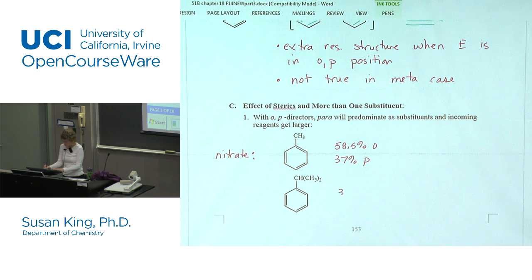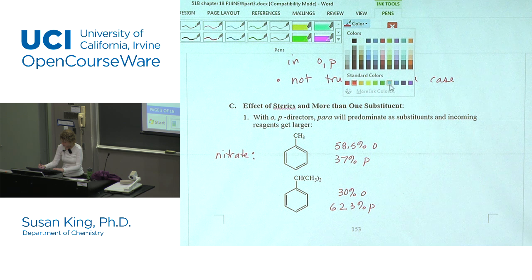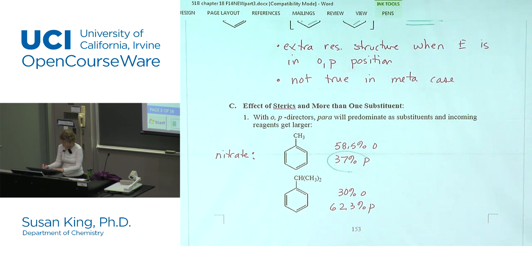If it's isopropyl, we get 30% ortho and 62.3% para. So as you see, we go from 37% para with a methyl to 62.3% para with the isopropyl.